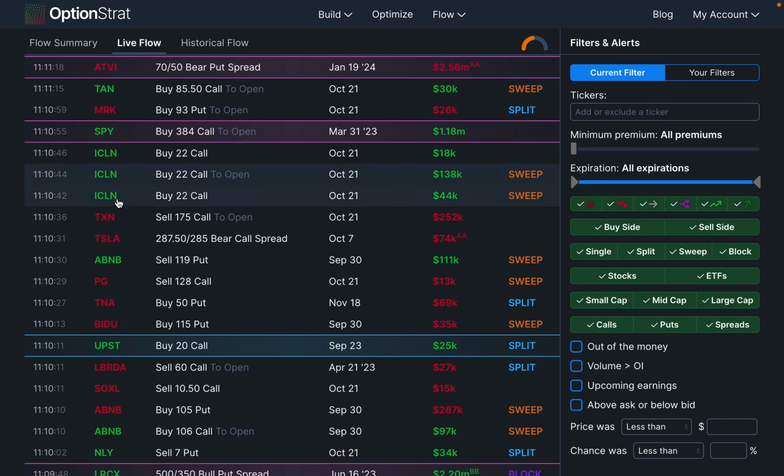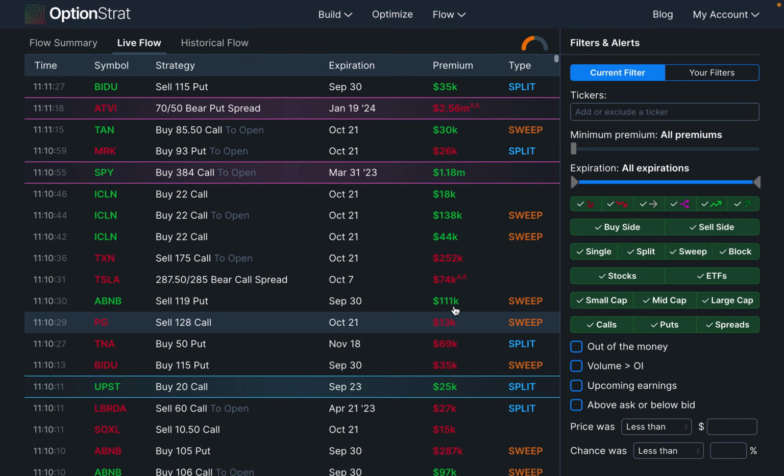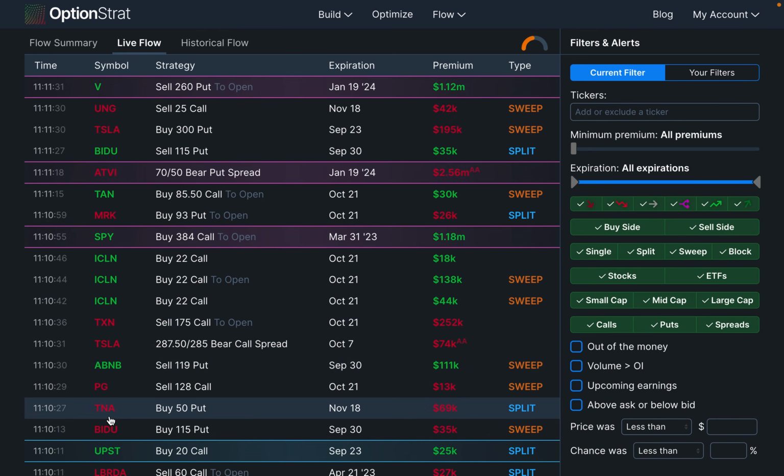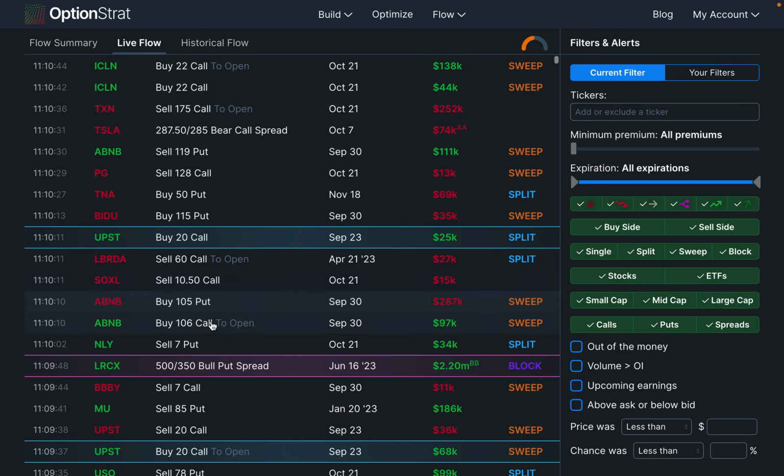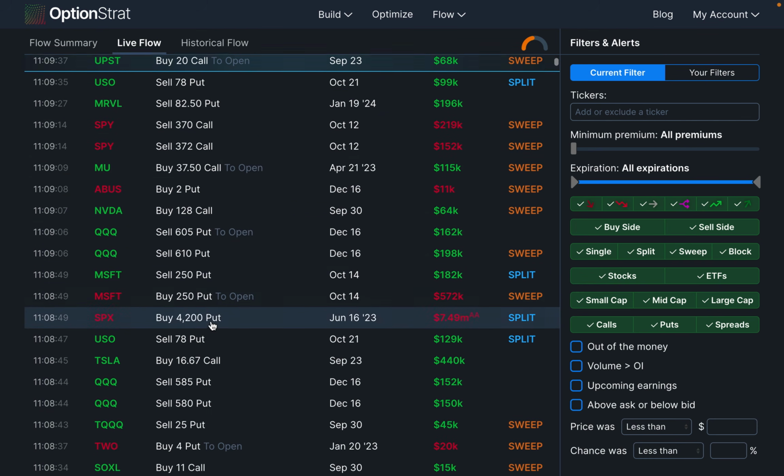Now, if you see one that's light red, like these two and these right here, again, the ticker and the premium are going to have the same color. If you see the ones that have this light red, that means that it's a bearish trade that is being entered.